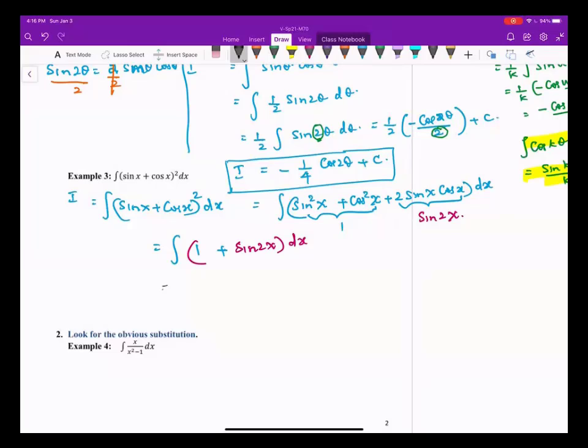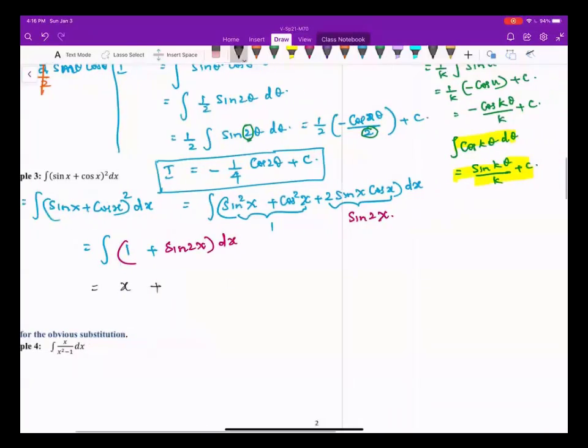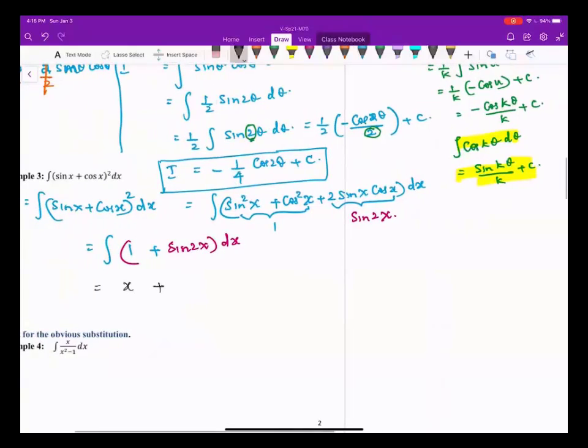So when you integrate that, the integral of 1 is x, then the integral of sine of 2x, as we just saw in the earlier problem, is negative cosine of 2x divided by the number in front of x, the coefficient, that is 2, plus c. Or I equals x minus cosine 2x over 2 plus c.